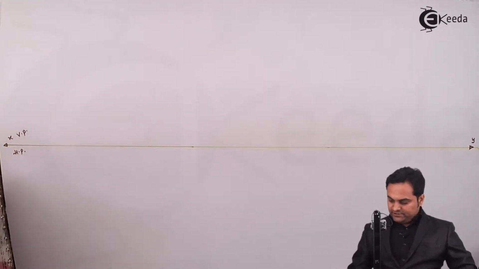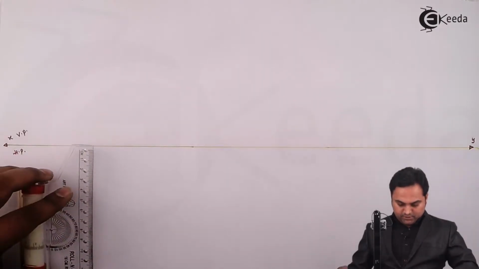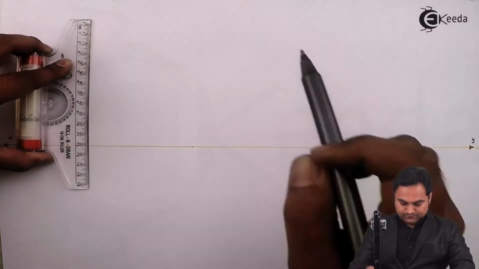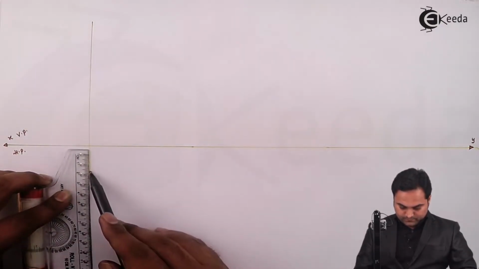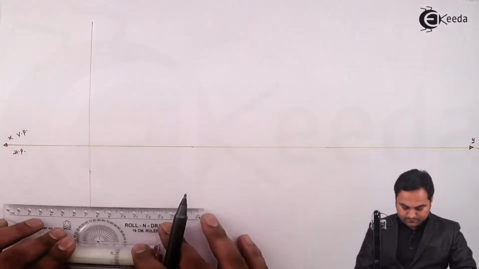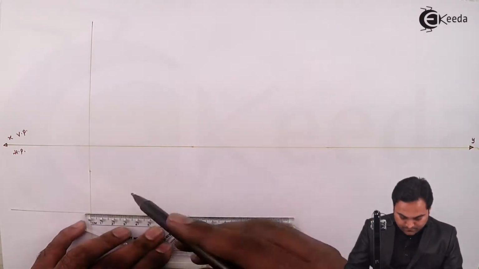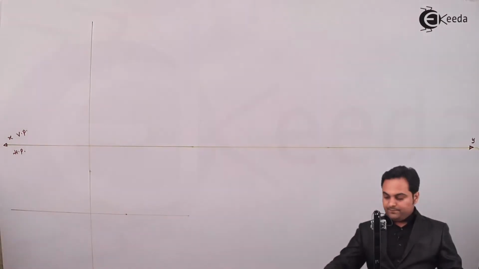So it will be in HP because it is resting in HP. So the circle will be drawn in HP. Radius 30 mm.